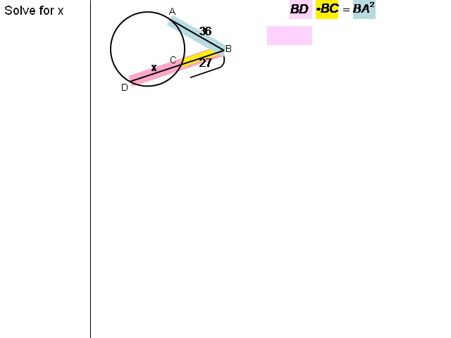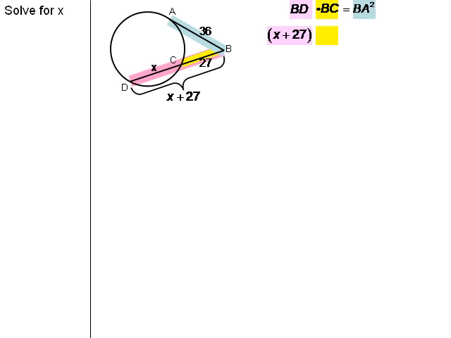For side BD, we don't know the length, so we use an algebraic expression to write what BD is worth. DC is x and CB is 27, so that whole side is x plus 27. Remember, we have to add to get that whole piece.